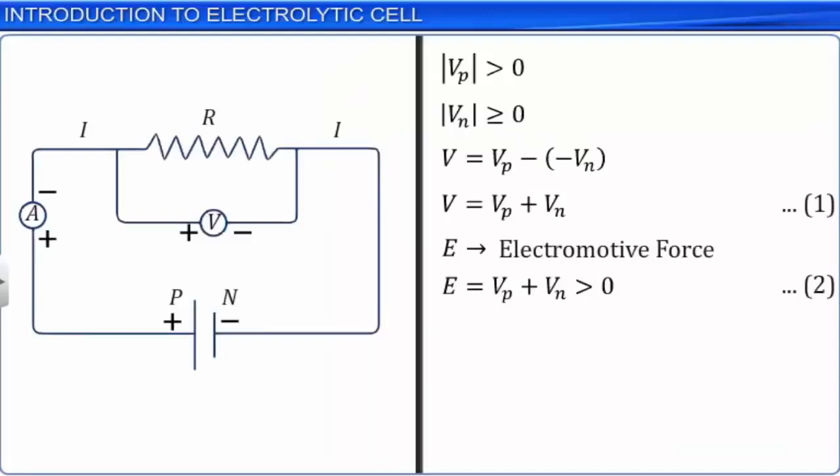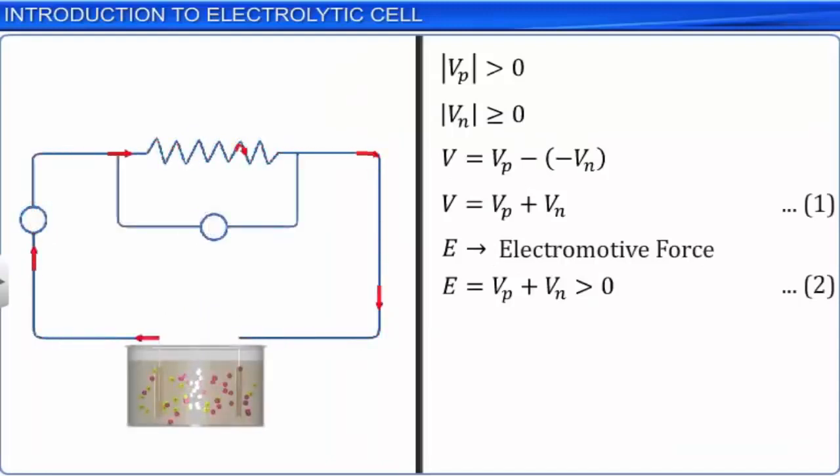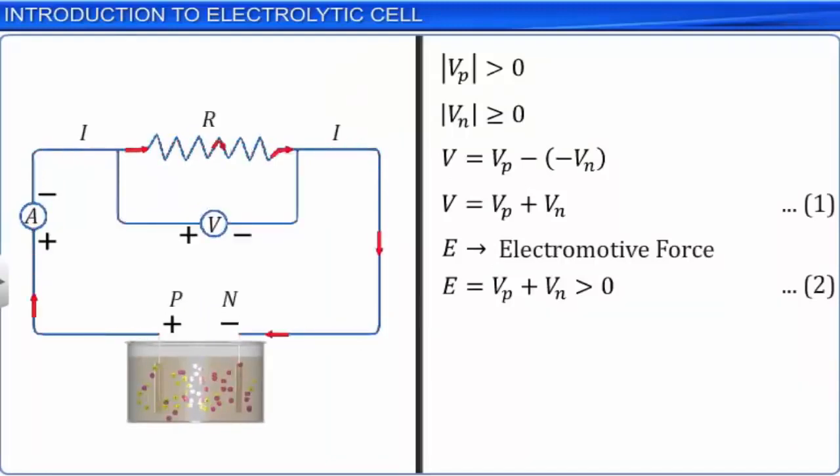So far, we have studied the components in a cell and how potential difference comes into existence. Let us now connect the two electrodes of the cell to the two ends of a resistor to understand how a cell actually functions when it is connected in a circuit. A resistor with a resistance equal to R is connected across the cell.